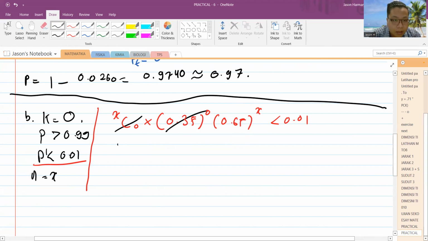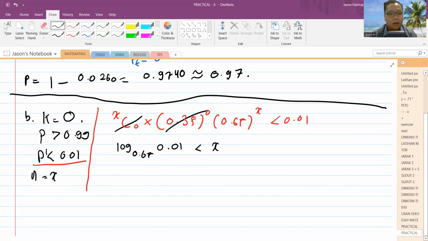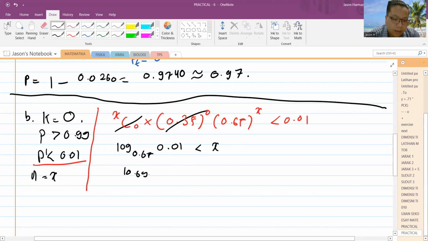And this will be log base 0.65 of 0.01, which must be less than x, right? Some basic concept of logarithm. And because we cannot calculate this, it's impossible, so we'll be using the help of our dearest Casio. Let us calculate this. Okay, and the value is 10.69.